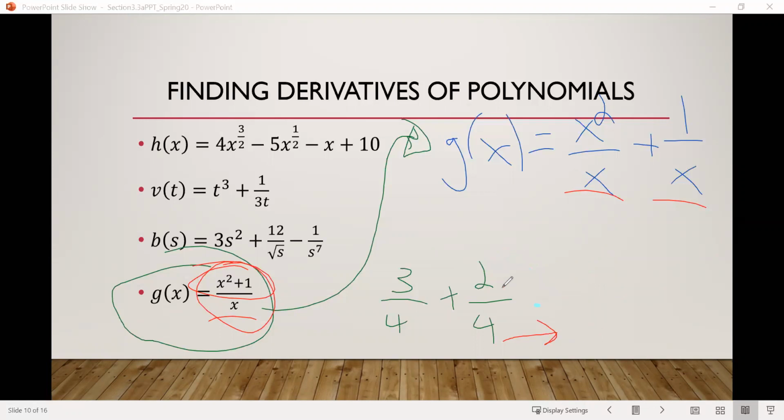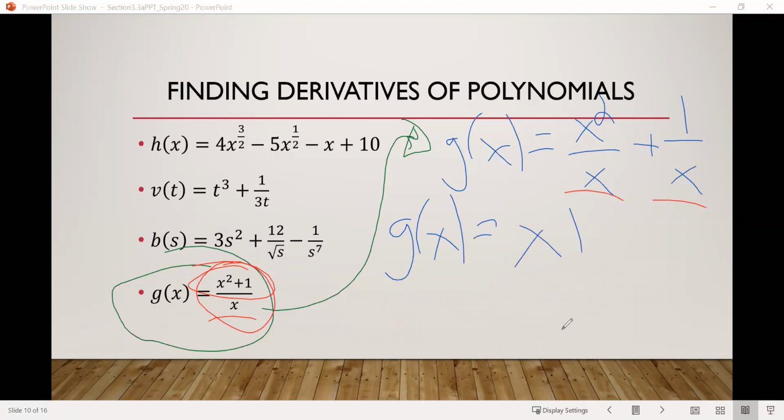And once we have it like that, then we can start to do some simplifying. So it's become g of x equals x squared over x reduces to x. We still have the plus 1 over x. And now we can take our derivative. So g prime of x equals, well, the derivative of x, which we just saw, is 1. And then how are we going to deal with this 1 over x here?